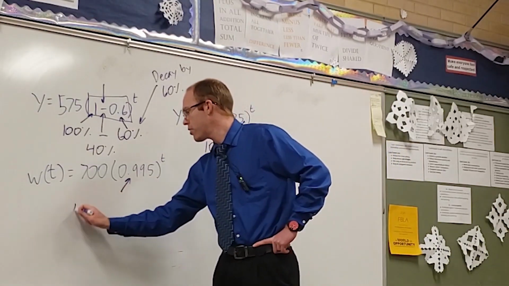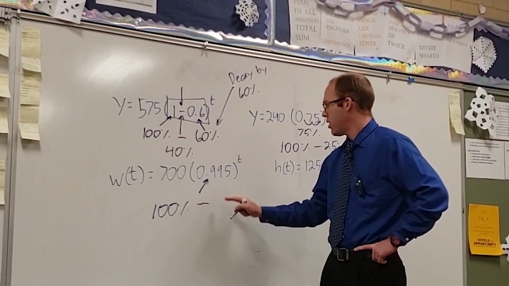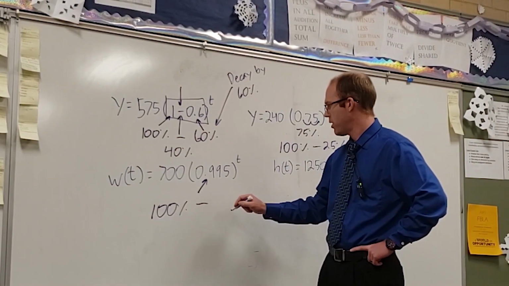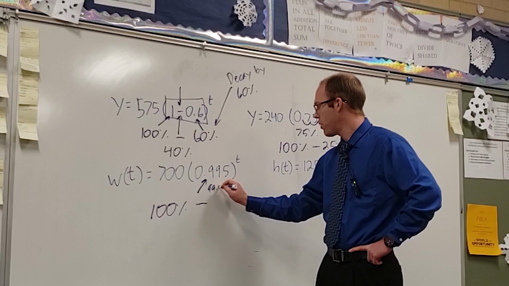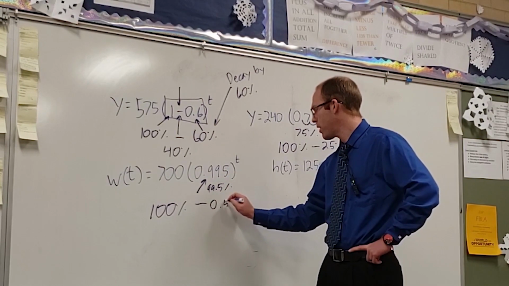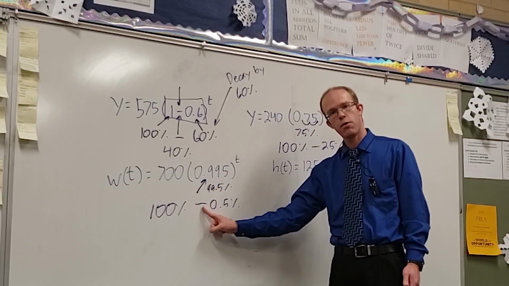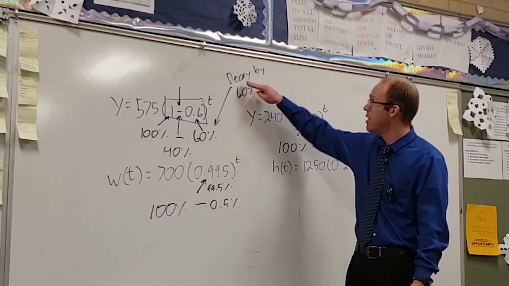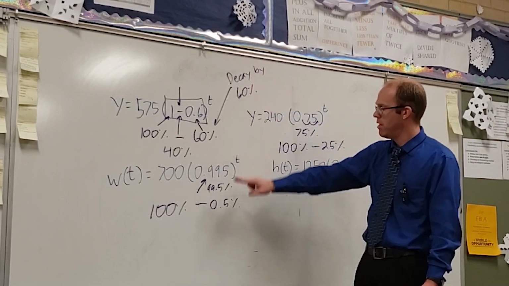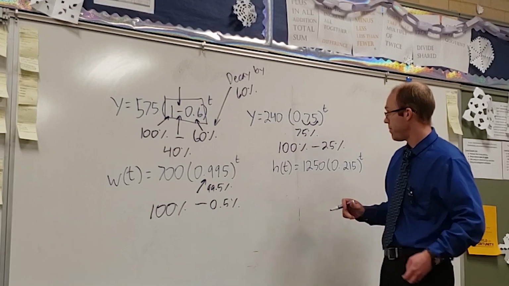This one is 100% minus, well, that written as a decimal is 99.5%. So we would have to subtract 0.5% to get there. So we have lost 0.5%. Again, this is decay by the amount we lost, which was 0.5%.